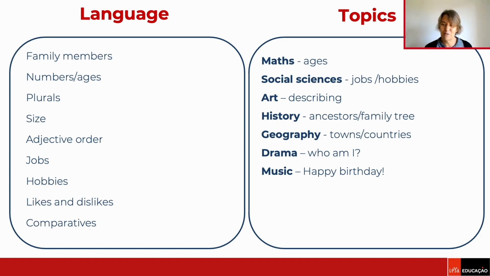Drama, they could mime one of their family members, and the others have to guess. Music and song, the classic happy birthday and so on. I've chosen something that's very simple, but you can see here how the same topic area can be exploited in the same way as we did with food.